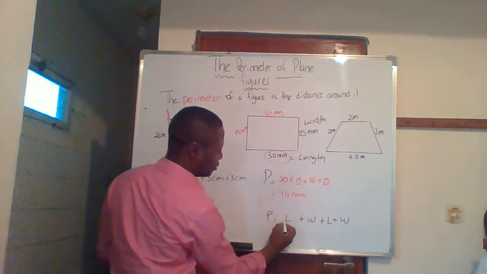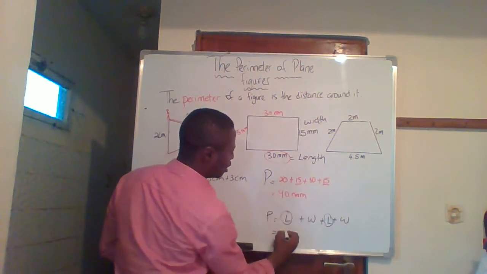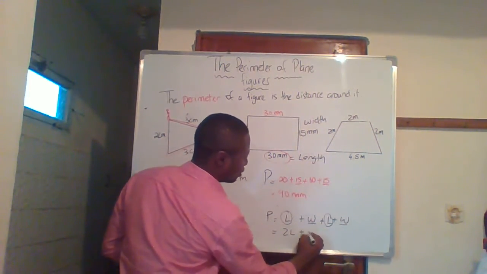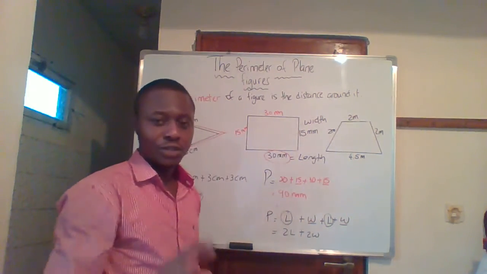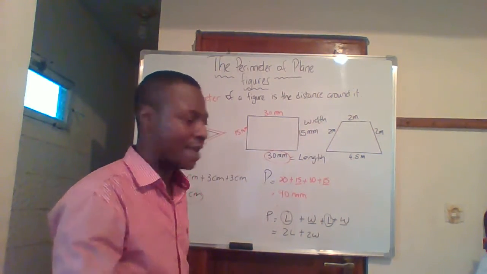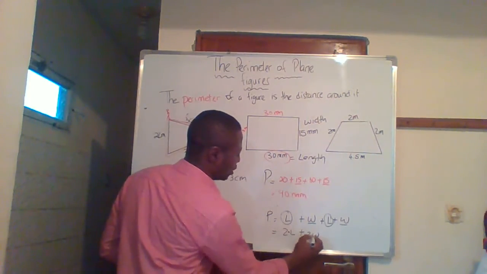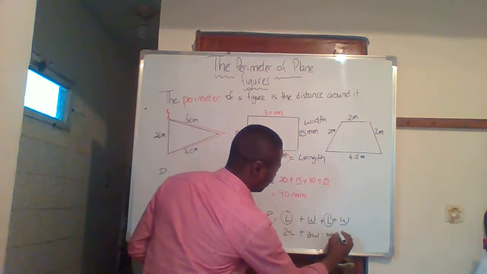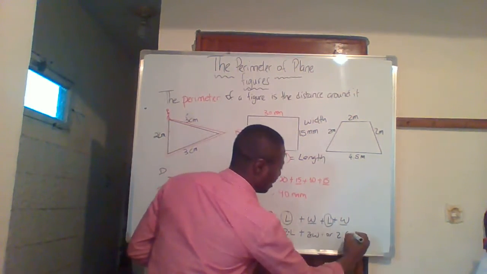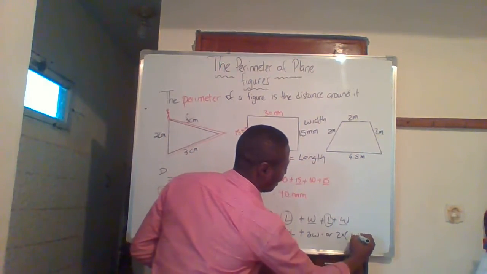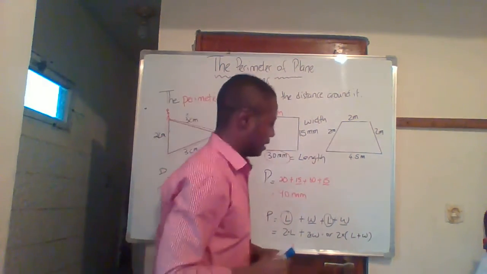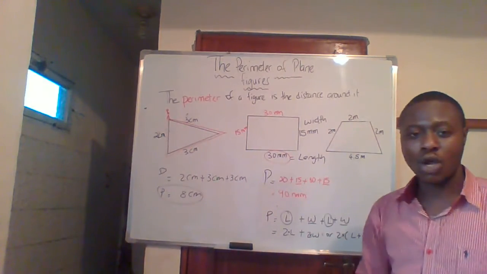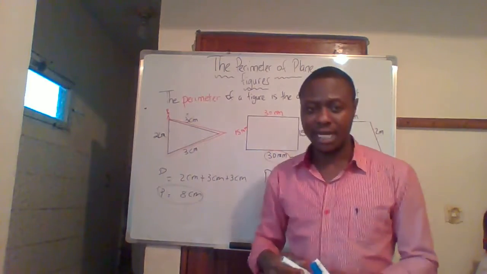This is the same thing as you see: you have one length, another length, it's two lengths, plus two widths, one width and another width. So it's two lengths and two widths, or two times. We know that there's a multiplication here and multiplication there. Or this can be written like 2 times brackets length plus width. So if you apply this formula, you will get the exact same answer as the one we got from just adding up all the sides.